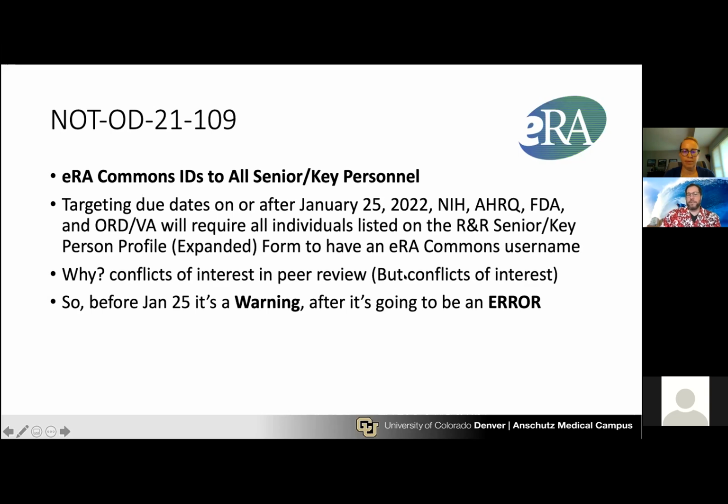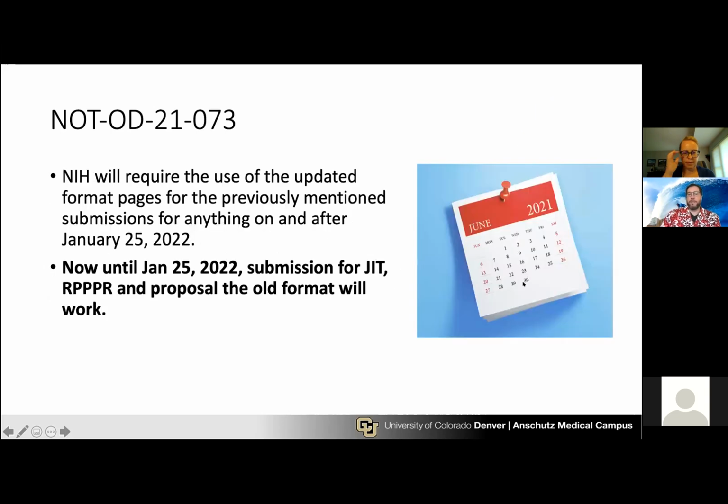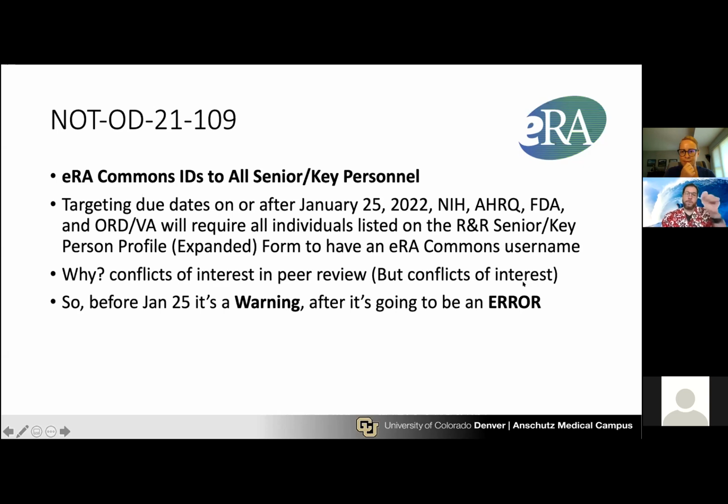But really, this is a conflict of interest identifier for them. So what that means is that we're going to expect a lot more EraCommons account requests, because I've noticed the majority of our proposals have been going in with this warning.